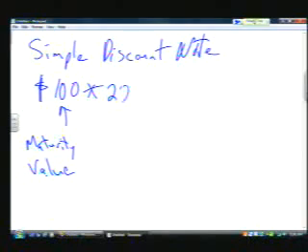So if you had a 22% discount rate, what is $100 times 22%, Rachel? $22. So this $22, and we're assuming this is for 1 year, the proper name for that is the discount.